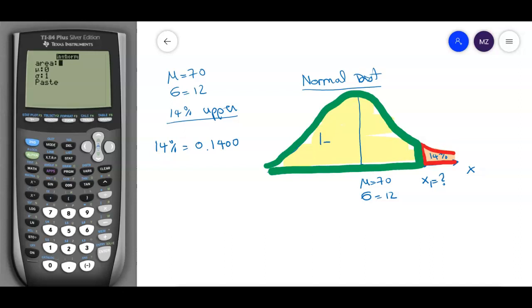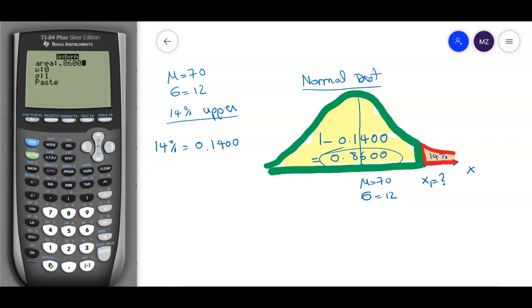It's going to be 1 minus 0.1400, and this is the area you have on the left side, which is 0.8600. That's what you should put in the calculator. Remember, the calculator accepts only the left tail. So let's put it in.